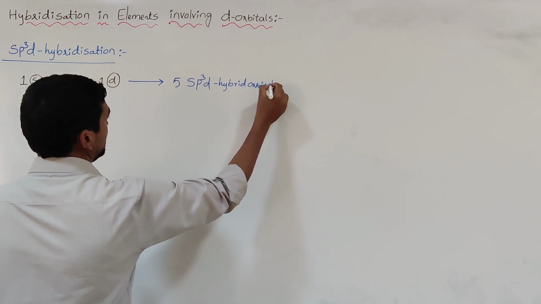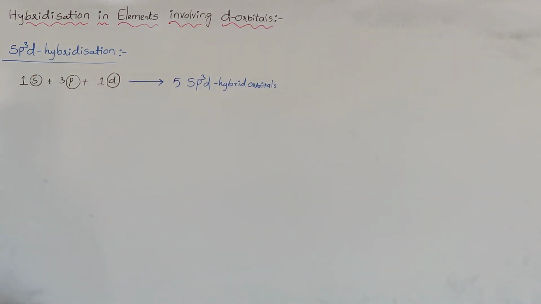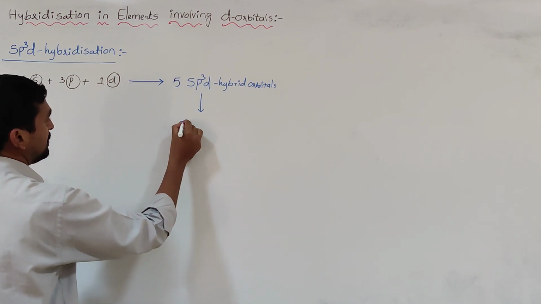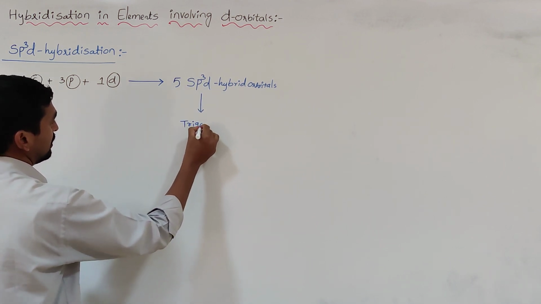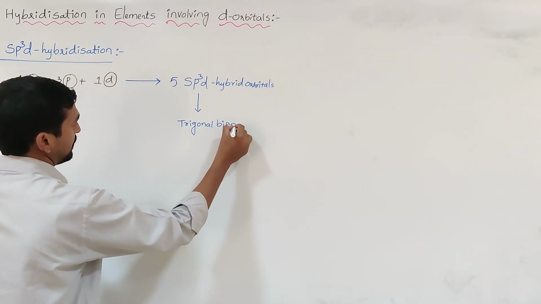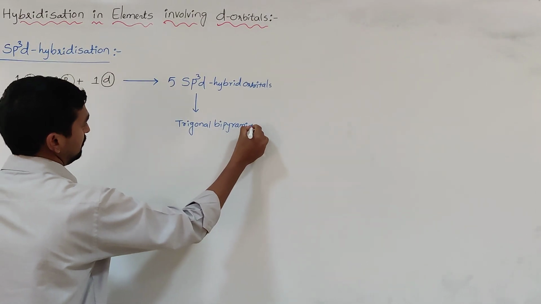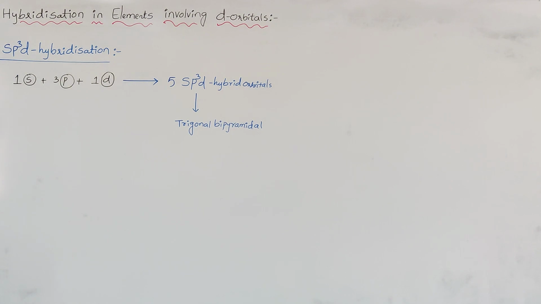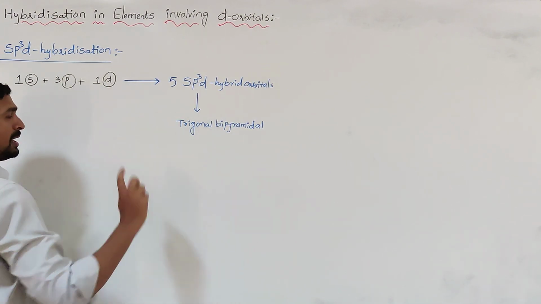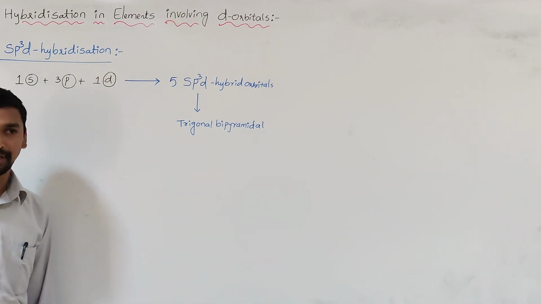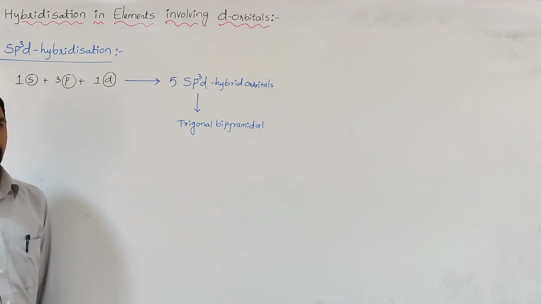These sp3d hybrid orbitals are oriented in trigonal bipyramidal geometry. You know that in the trigonal bipyramidal geometry, all the bonds are not equal.